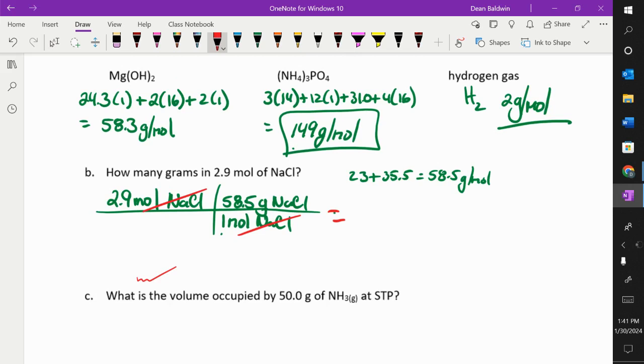And you multiply these two numbers, 2.9 times 58.5, to get 169.65. Is that my answer? No. Why is that? Yeah, sig figs. How many sig figs should I have? Should have 2, right? There's 2 there. There's 3 there. I should have 2. So what should this be? 170?